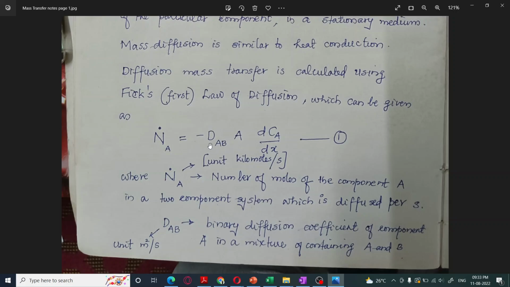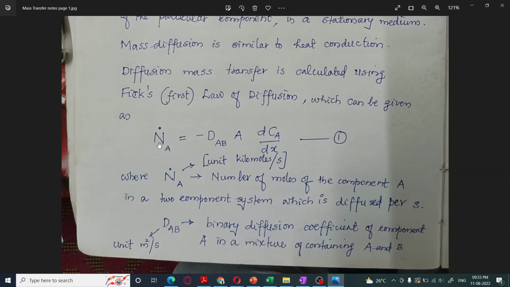So minus D_AB into A into dC_A by dx, where A is the area of the passage through which the diffusion takes place, and C is the molar concentration of the species A. So dC_A by dx is the concentration gradient in the x direction.